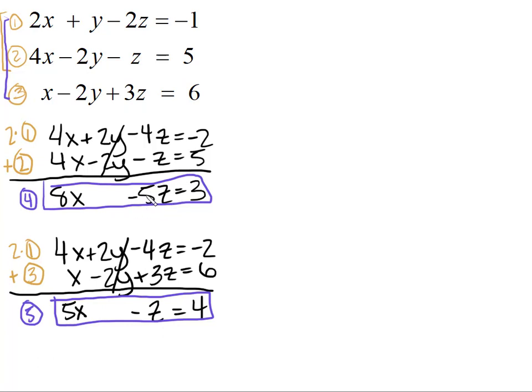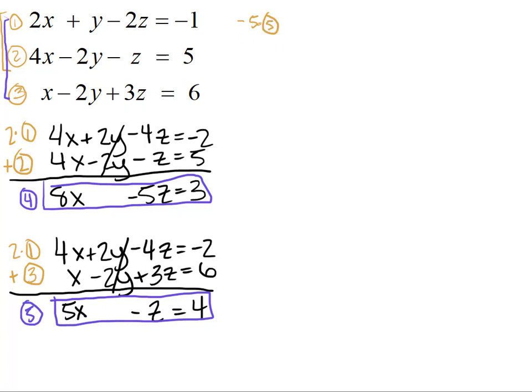So to make these meet at 5, I've already got a negative 5z. I want this to be positive 5z. So we're going to need to multiply this by negative 5. So let's notate that. I'm going to do negative 5 times equation 5.